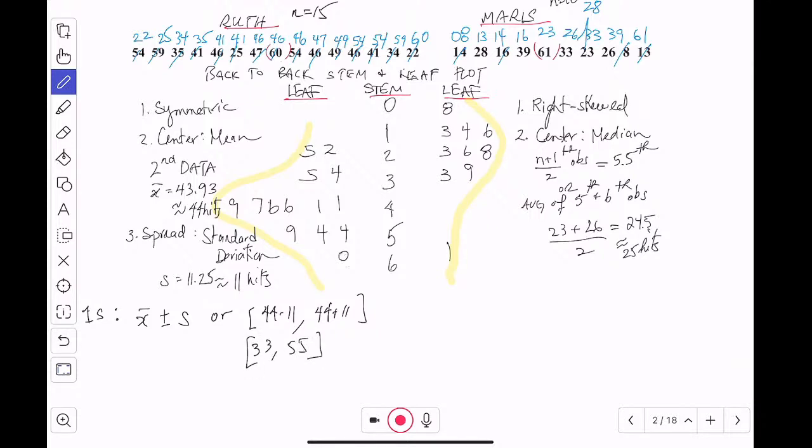So within 1 standard deviation, how many observations do you get? From 33 to 55. So let's see. From 33 to 55, we have 1, 2, 3, 4, 5, 6, 7, 8, 9, 10. That's 10 observations.